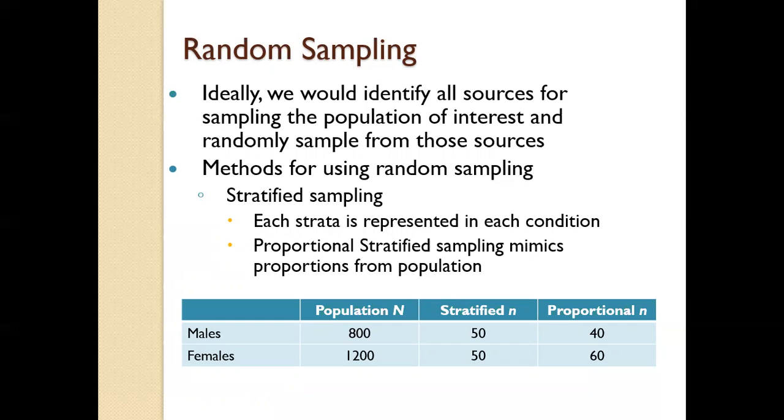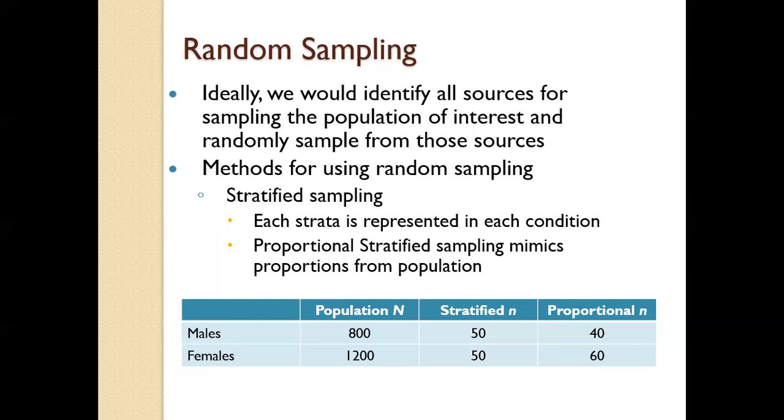There are several different methods for using random sampling. The first one is called stratified sampling. In stratified sampling, each strata is represented in each condition. Proportional stratified sampling is a little bit different because it mimics the proportions from the population.